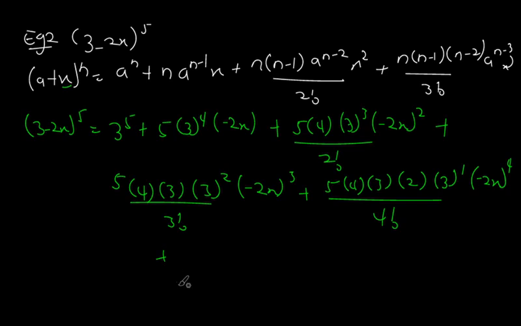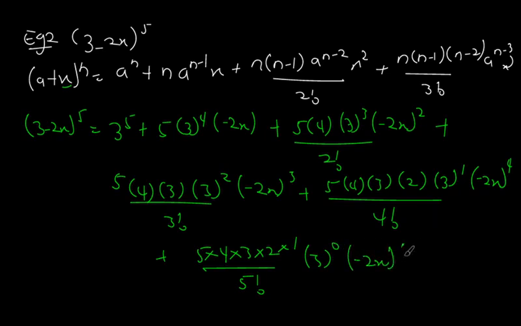Then plus the last expansion for this will be 5 times 4 times 3 times 2 times 1, and then divided by 5 factorial. Then we will have our 3 raised to the power 0. Then we will have our negative 2x raised to the power 5.